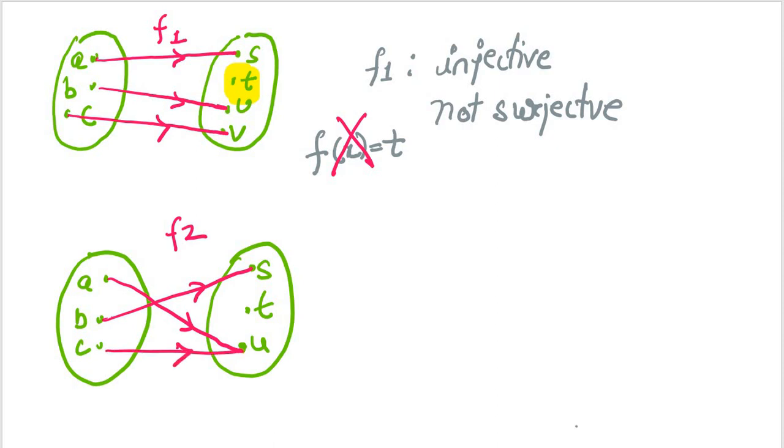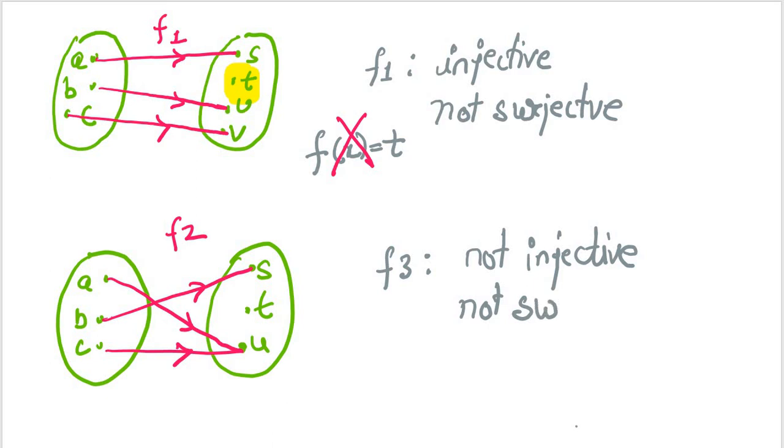Right. So in this case, definitely my f2 is not injective, and if you talk about surjective, so not surjective. Right. Why? You have the answer. One is this, one is this.